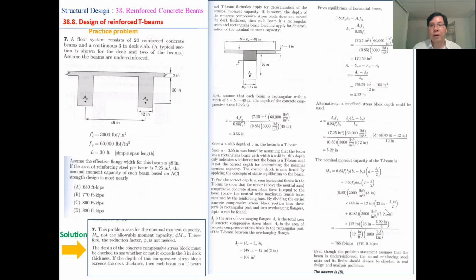And after the detail of the calculation, you can find the final value of Mn. So when you have the final value of Mn, you can compare with the options given in the beginning. Then you can find that the good answer is B, 775 kips.